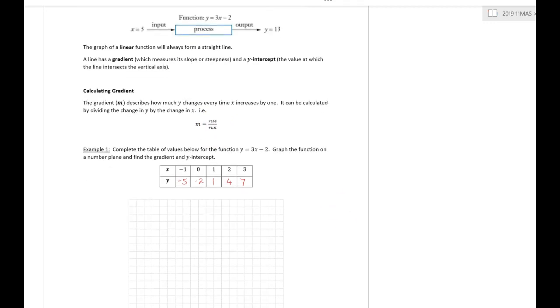The other thing that we might need to find is the y-intercept, and that is where the graph crosses the y-axis or the vertical axis. Now just some things to remember. X and y, I used this term dependent and independent before. Y depends on x. X is independent.